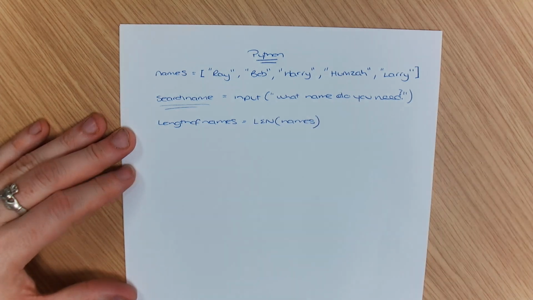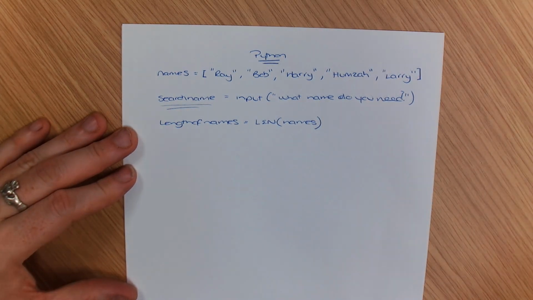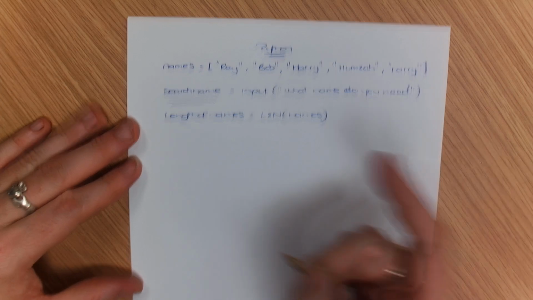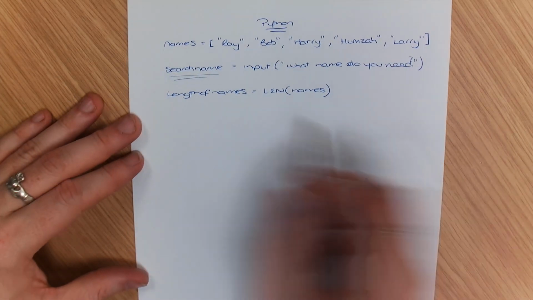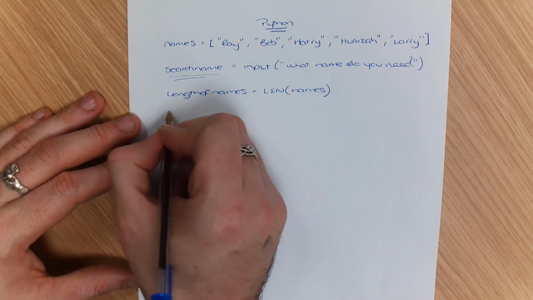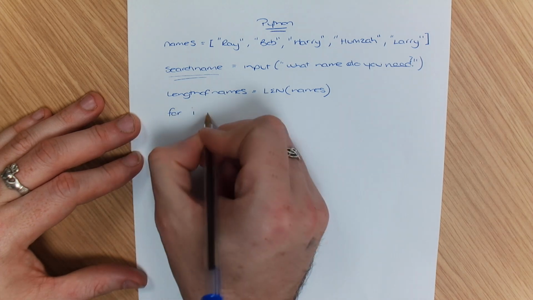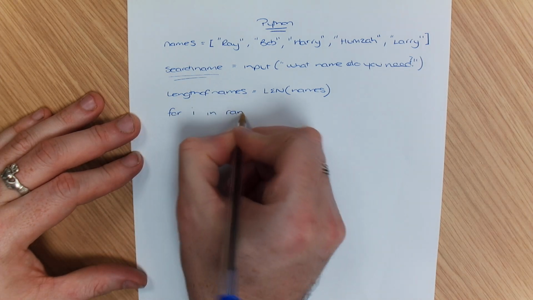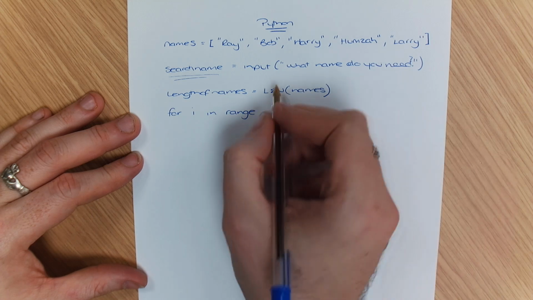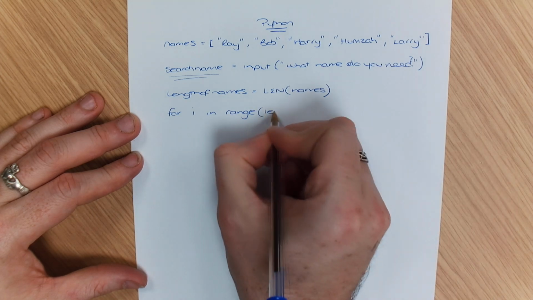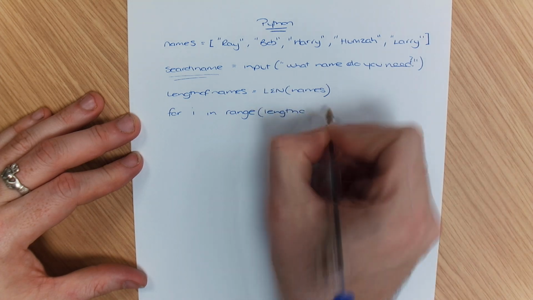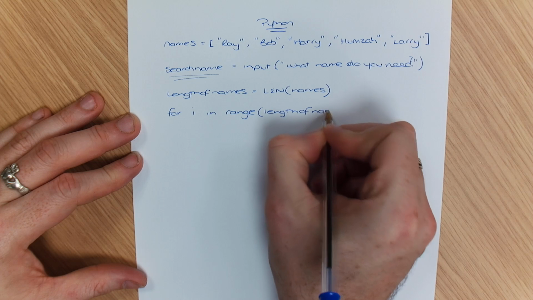I'm going to show you two ways to do a for loop, and then I'll do a separate video for a while loop. Okay, might get to finish it here. What I'm going to say is for I in range length of names.